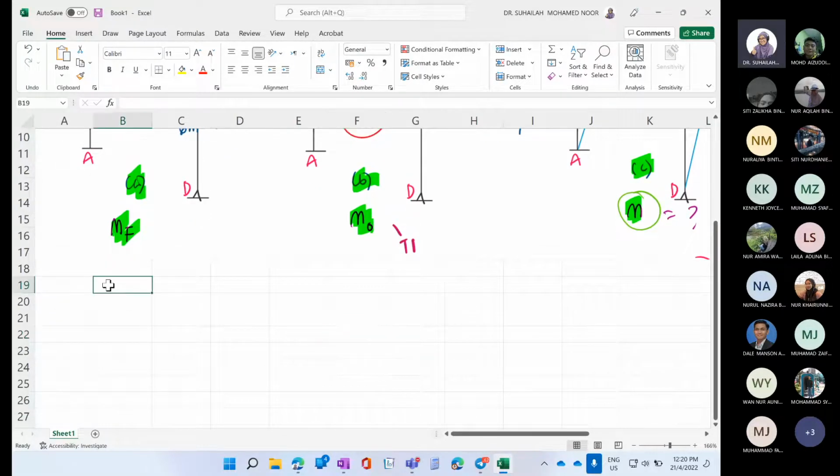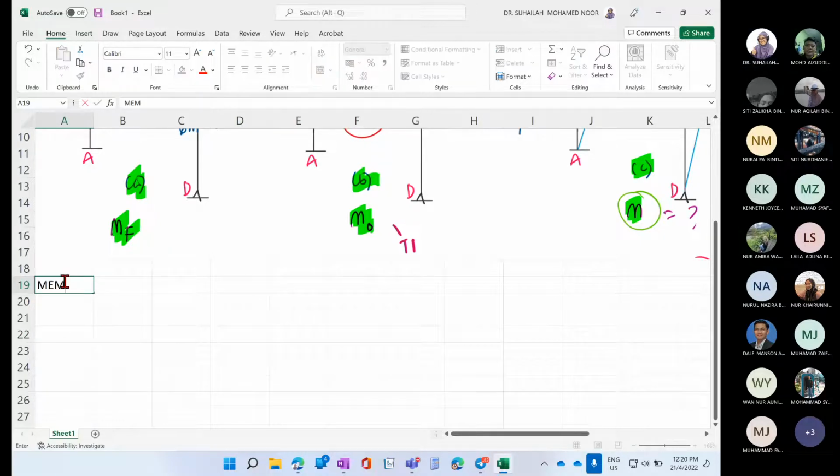So we will start with table number 1. We start with the members, and then after that, K. So I calculate K in the table directly, in terms of EI.